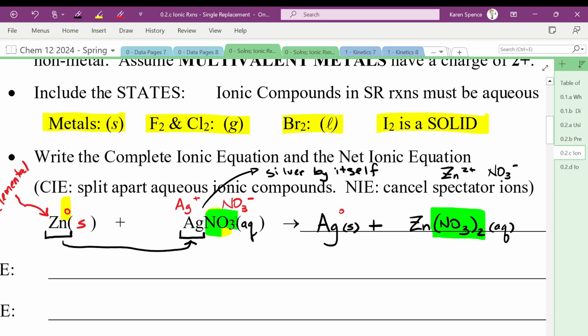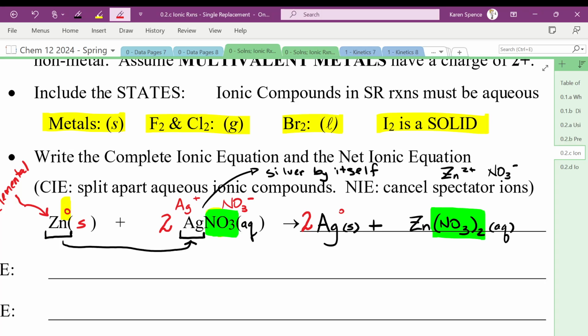Okay, so we have 2 nitrates. We also need to have 2 nitrates on the other side. So we're going to put a coefficient 2 here, which means we also have 2 silvers, which means we need to put a 2 here. And I think that does it, doesn't it? Yeah? Okay, so that's good.